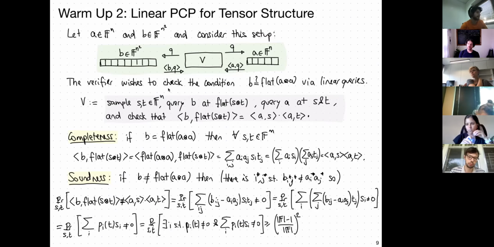Okay. Can you explain the first equality in the last line again? Sorry, the first equality in the last line. Yeah, so you mean how to go from here to here? Yeah. So we want this polynomial to not be 0. And I want to say, when would that not be 0?